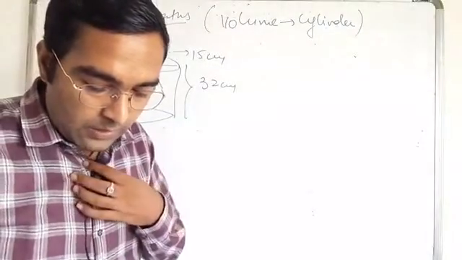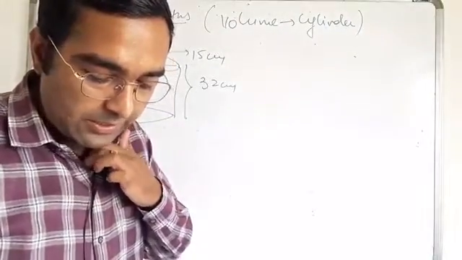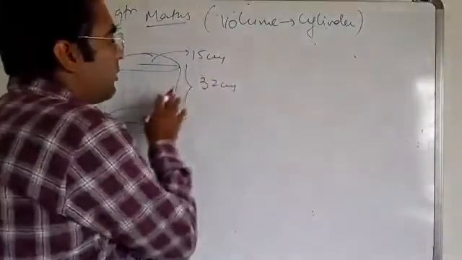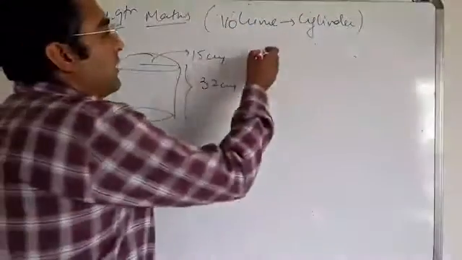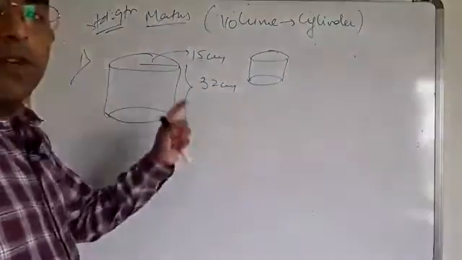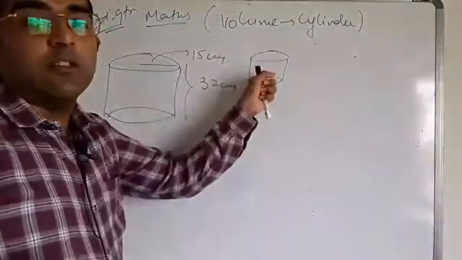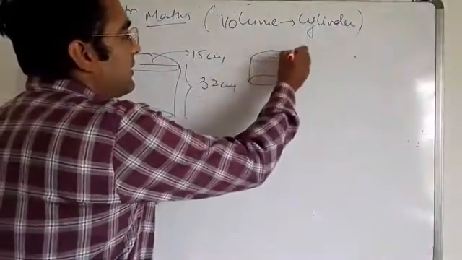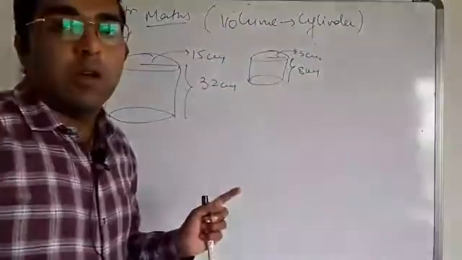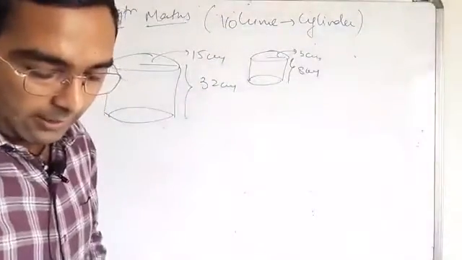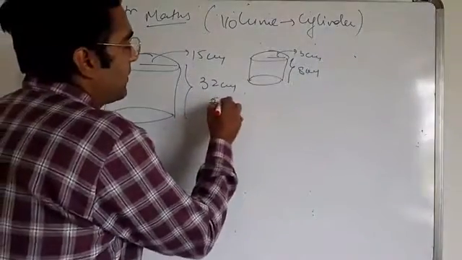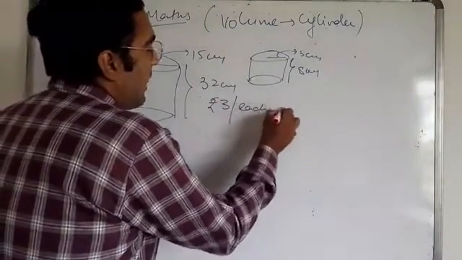Now the juice is filled in small cylindrical glasses of radius 3 cm up to the height of 8 cm, and sold for rupees 3 each. That is, the juice from this vessel is filled into small cylindrical glasses of radius 3 cm, filled up to the height of 8 cm, and sold for rupees 3 for each glass.